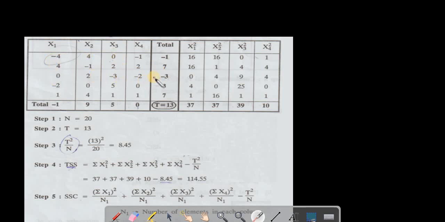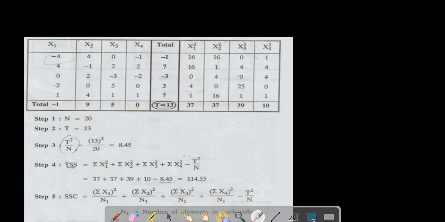Similarly, we have to add column-wise also. Minus 4 plus 4, so the total comes to minus 1. If we add this, the total comes to 9, this total comes to 5, this total comes to 0.